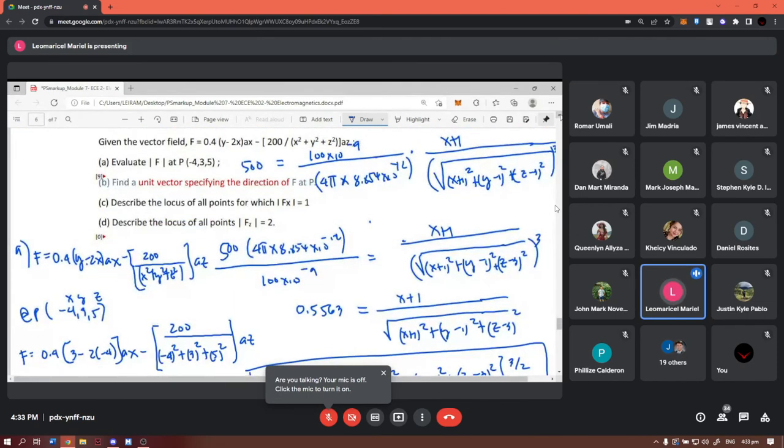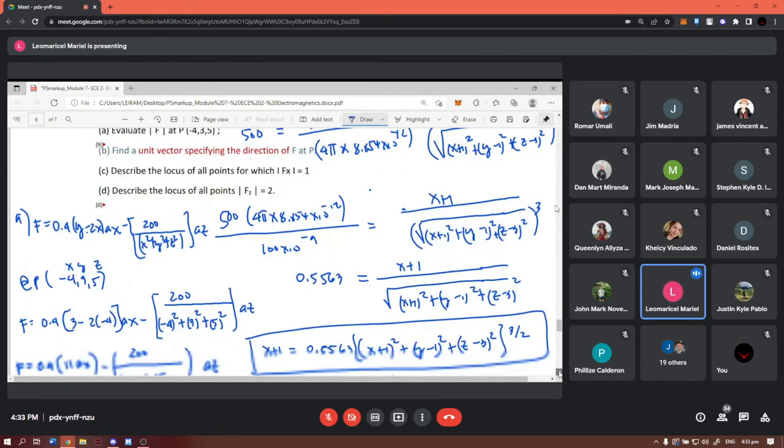Describe the locus of points. Okay, describe mo daw yung locus of points for which Fx is equals to 1. Ibig sabihin, along x lang, no? Fx is equals to 1. Ano yung locus of point mo at Fx is equals to 1? Ano sinabi natin?